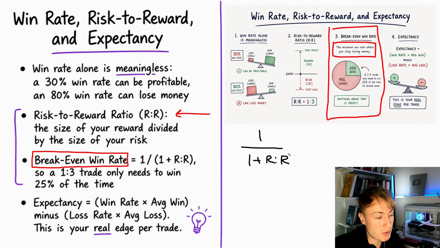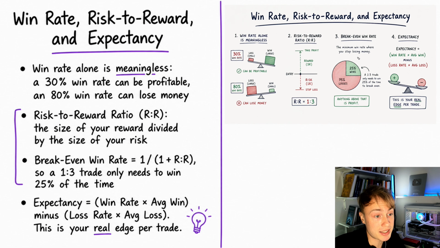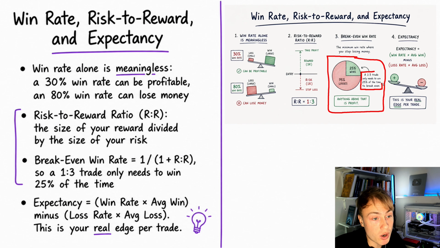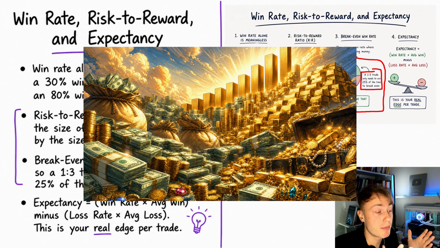So for example, if you have a risk to reward of 3, which is a common risk to reward ratio, then the formula would be 1 divided by 1 plus 3, which is equal to 1/4 or 25%. So that basically means, as you can see right here, that a risk reward of 1 to 3 only needs to win 25% of the time to break even. So if you win, for example, 30%, you will make money.